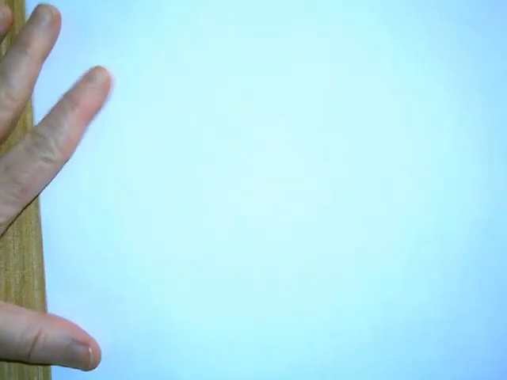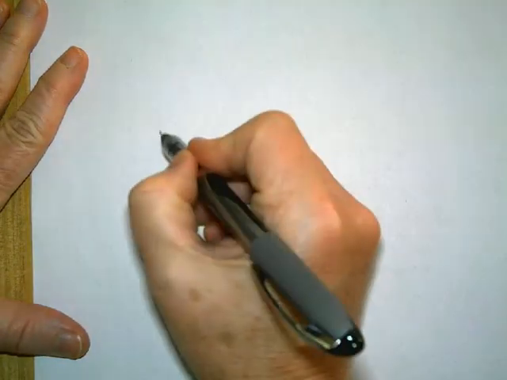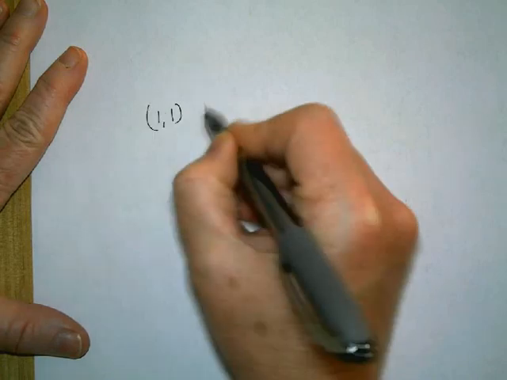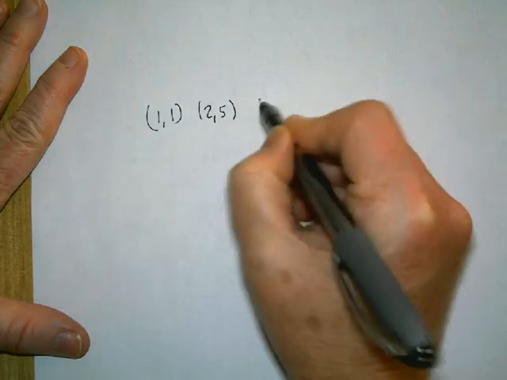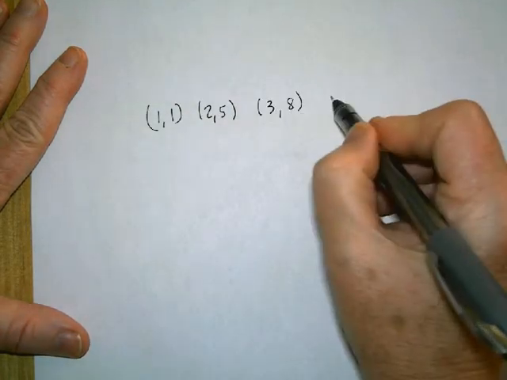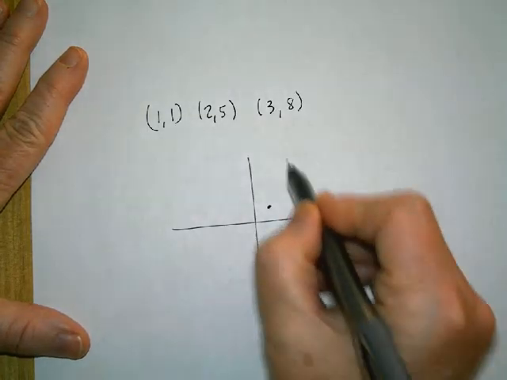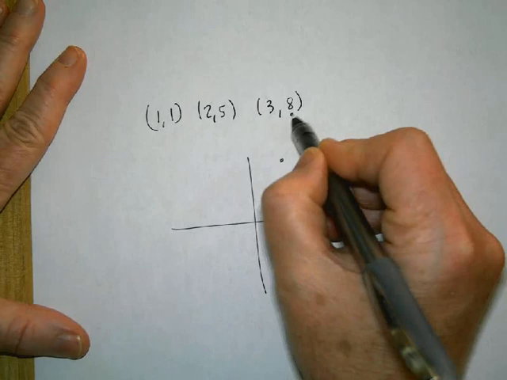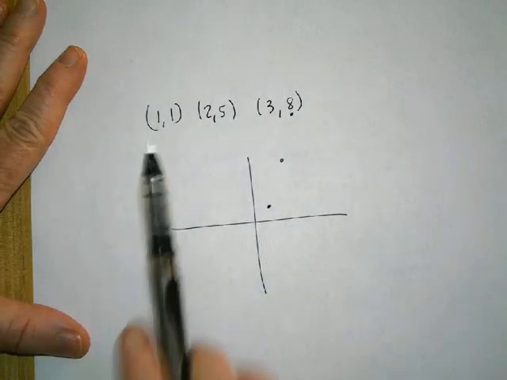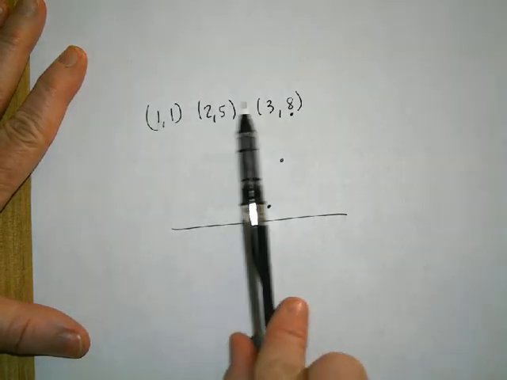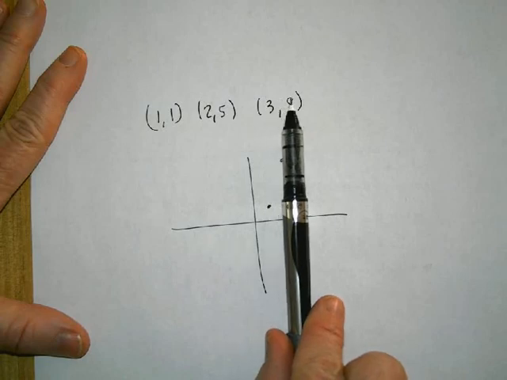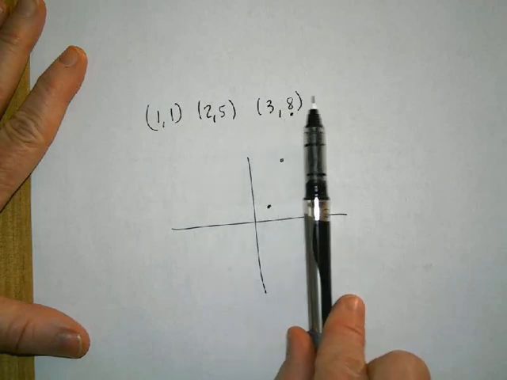For instance, if I have these points, 1, 1, 2, 5, 3, 8. If I take a vertical line and I slide it across, does the vertical line touch 2 points at the same time?